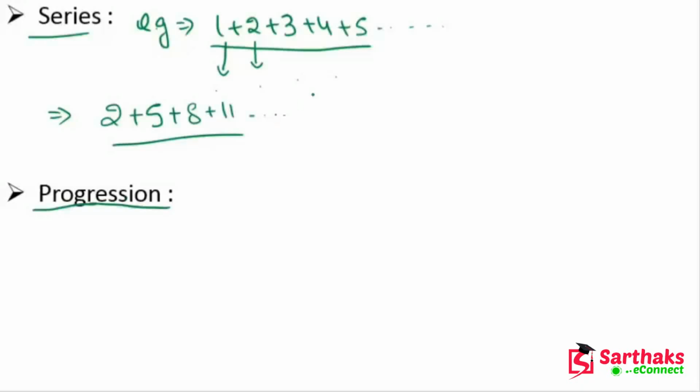Let's suppose we have 1, 2, 3, 4, and so on. This is our progression. It goes up to n, where n is our natural number, the number of terms. I hope you understand this.